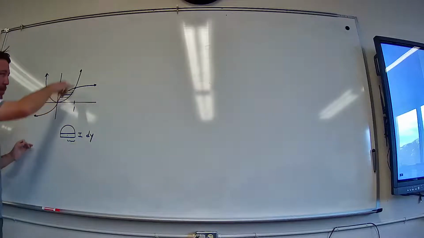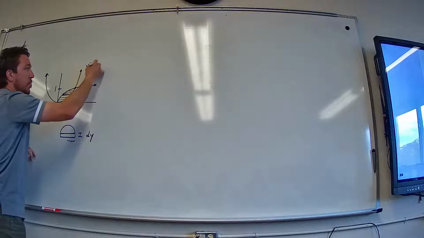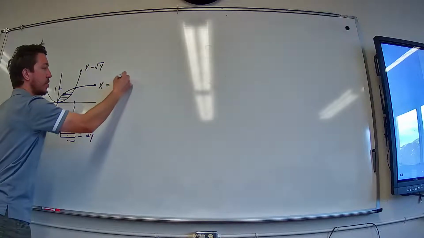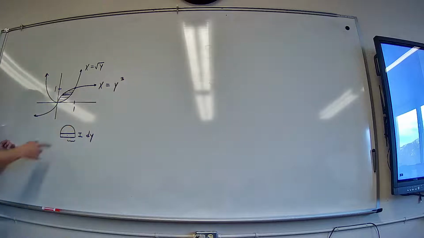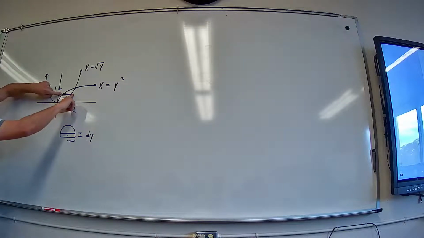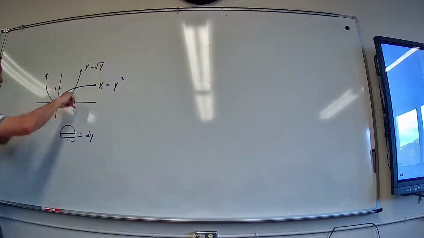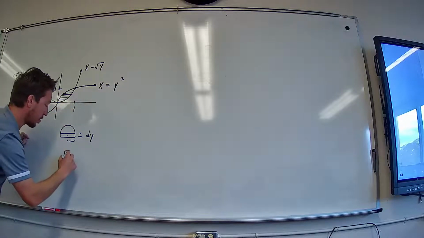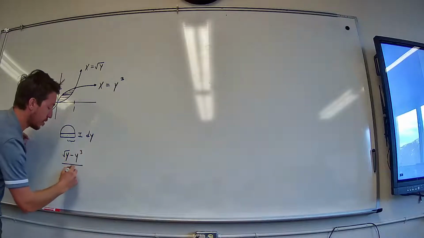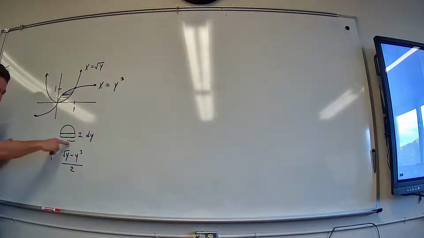Like we did in the last question, you have to rewrite this one as x equals root y, and rewrite this one as x equals y cubed. So the radius is half of the difference between these x values, right? So it's the square root of y minus y cubed, halved, that is the radius.